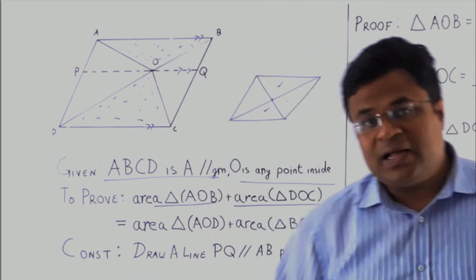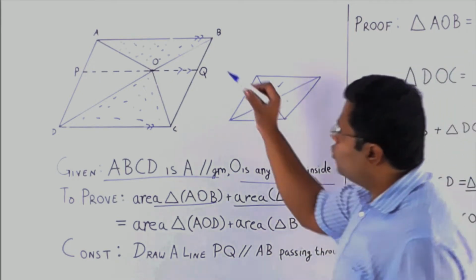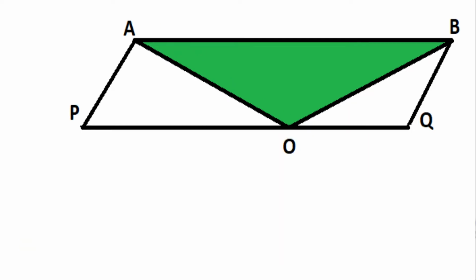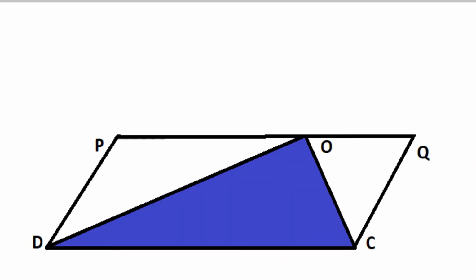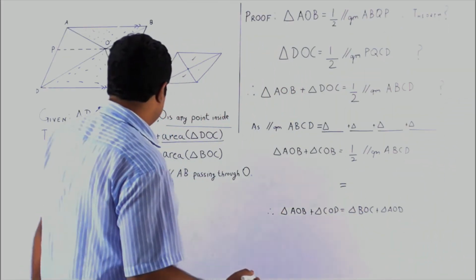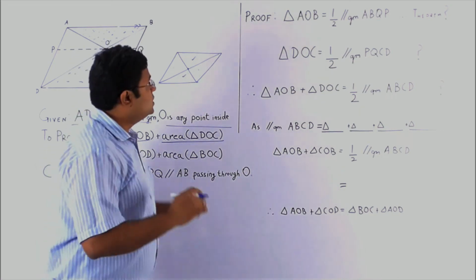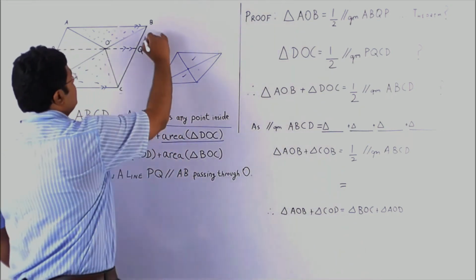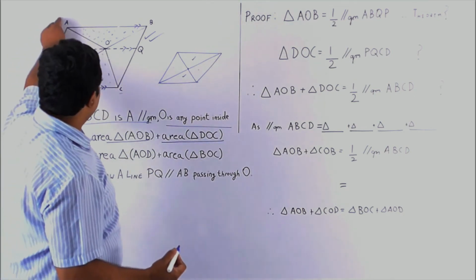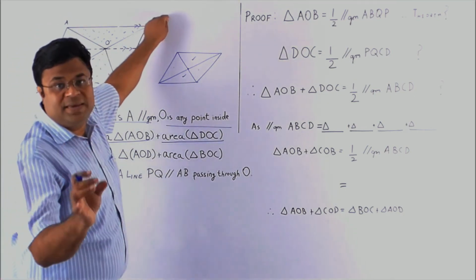Once we do that, we get two new parallelograms: parallelogram ABQP and parallelogram PQCD. Now, where can we connect it with area theorems? Simple, we take the upper parallelogram. Now we consider triangle AOB.